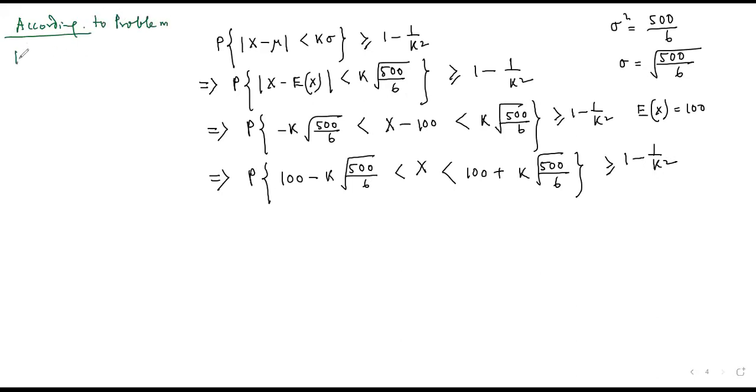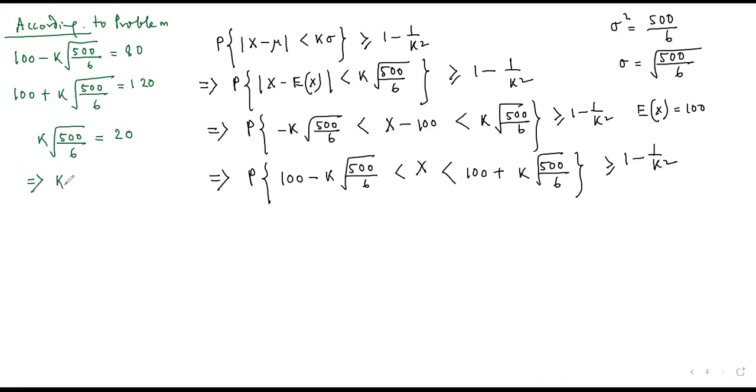That means 100 minus k root over 500 by 6 should be equal to 80, and 100 plus k root over 500 by 6 should be equal to 120. If you solve this, you will find that for both cases, k into root over 500 by 6 is 20.